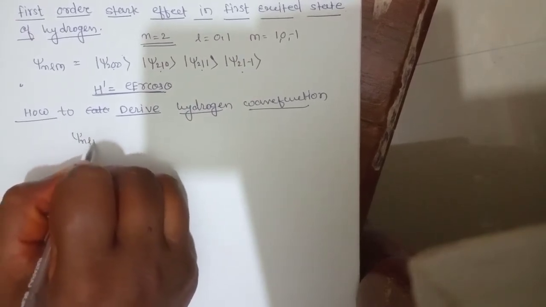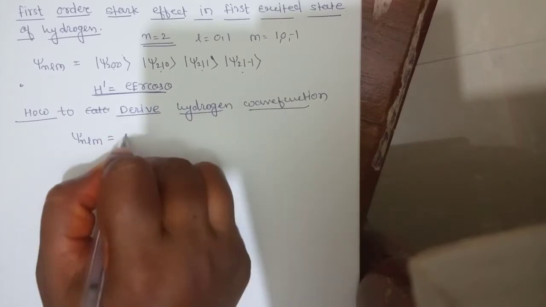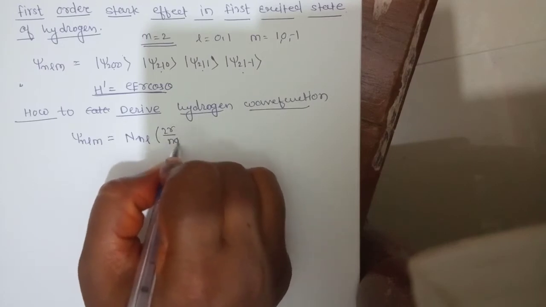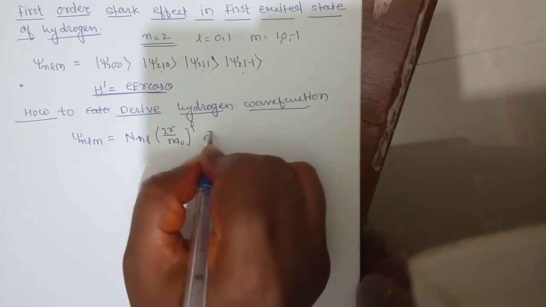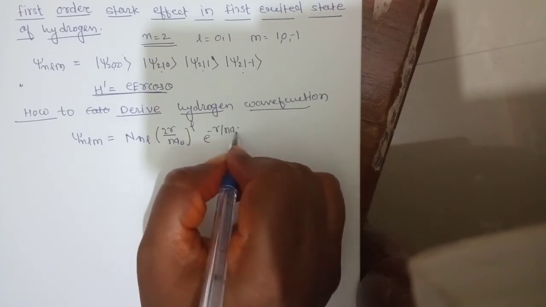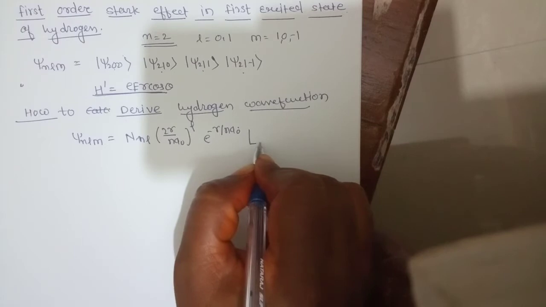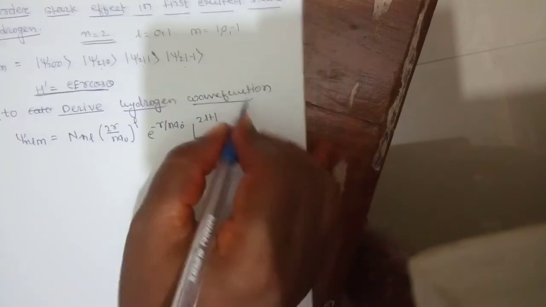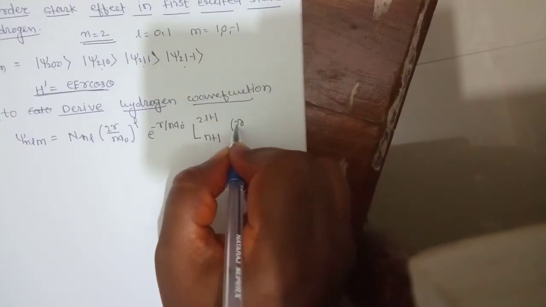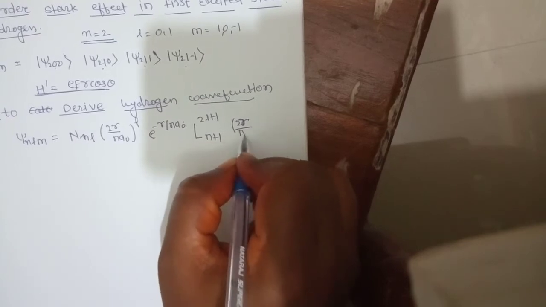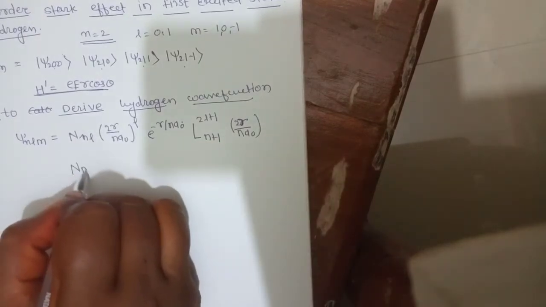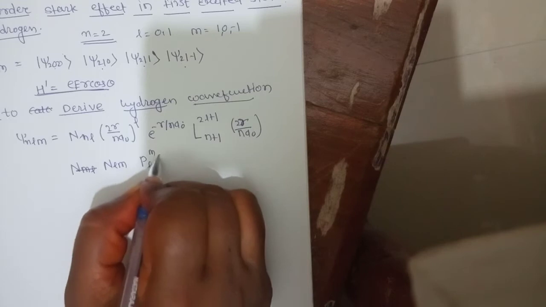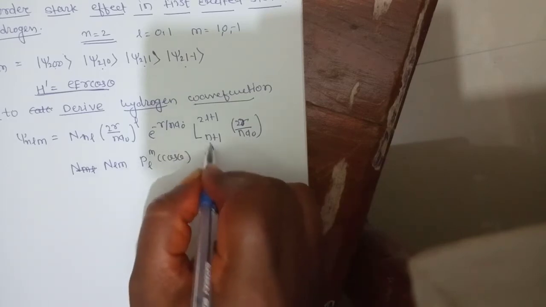psi n l m is equal to N n l, times 2r by n a naught to the power l, e to the power minus r by n a naught, next the Laguerre polynomial L n plus l with index 2l plus 1 of 2r by n a naught, then Y l m, P l m cos theta, e to the power i m phi.